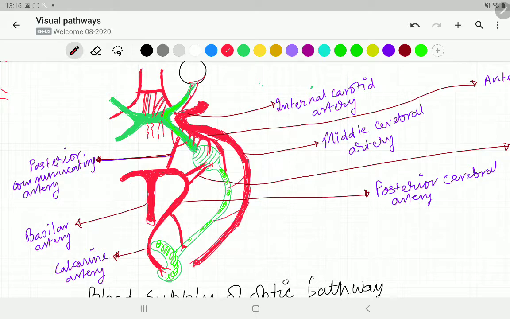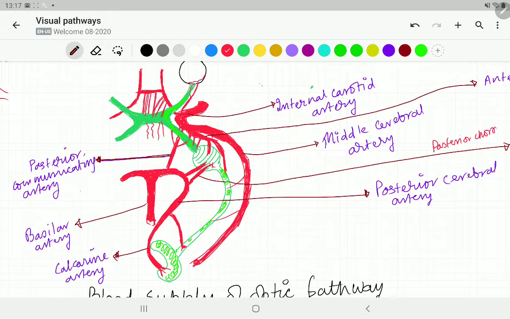The next part is the lateral geniculate body, which again has a dual blood supply. The lateral half is supplied by the anterior choroidal artery, as we can see, and the medial half is supplied by the posterior choroidal artery, which is a branch of the posterior cerebral artery.